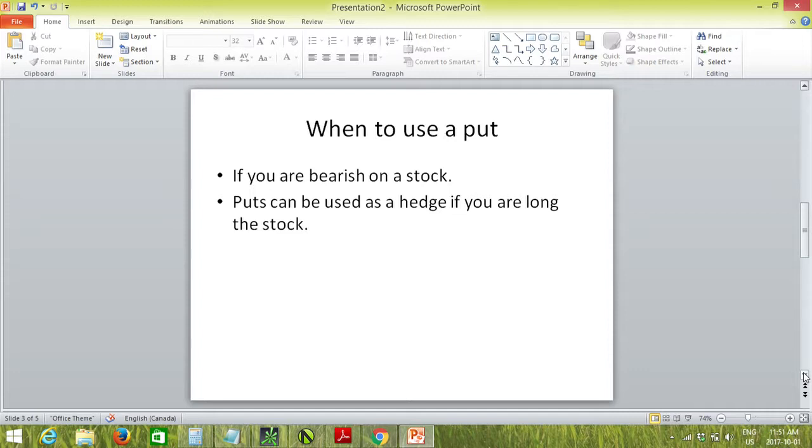So if your stock goes down to $30, that put is going to have that $15 value built into it if you buy the 45 strike. So even though the long stock that you own has gone down, you are protected from a lot of that loss because that put is going to increase in value in that instance.